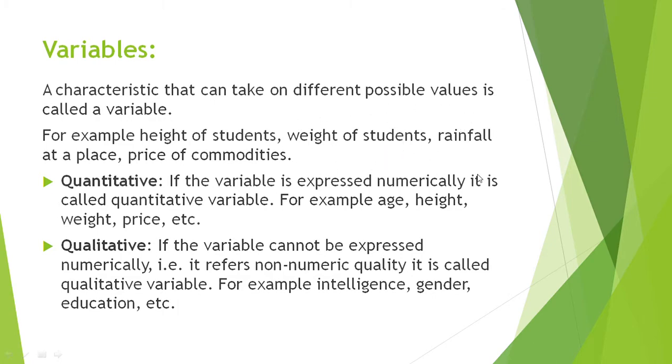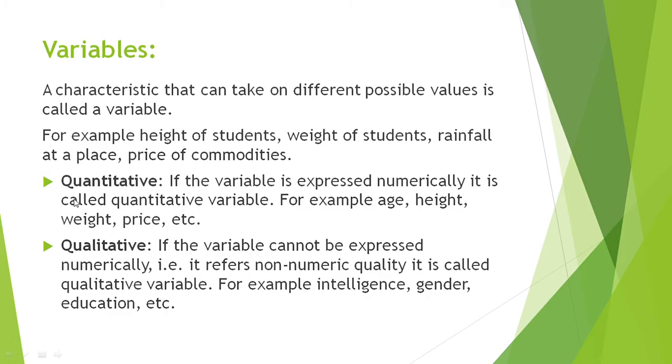Rainfall at a place will not be the same millimeters, it will be different every time. Prices of commodities are also different. So a characteristic that has variability is called a variable.